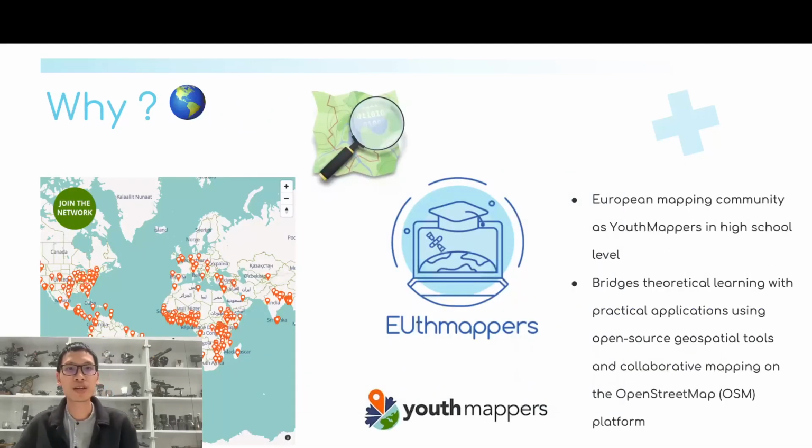The motivation of EUthMappers is to create an European mapping community similarly to YouthMappers at high school level. This bridges theory and practice using open source geospatial tool and collaborative mapping on OpenStreetMap platform.